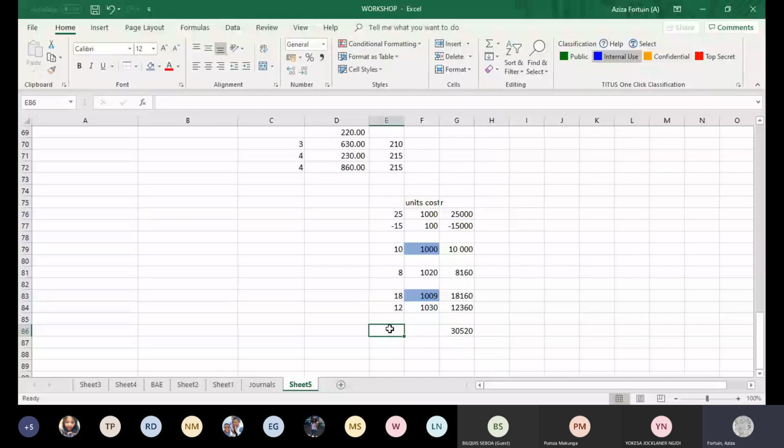And 18 plus 12 is 30. So you're going to say 30,520 divided by 30 is 1017. Can you see how this gets done? You're just going to divide it all the time.